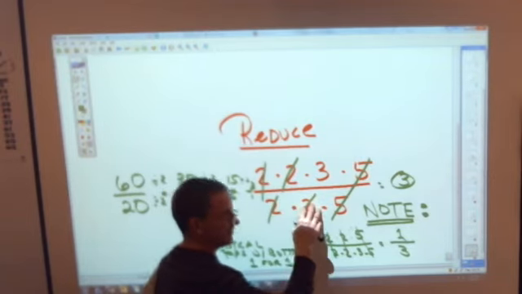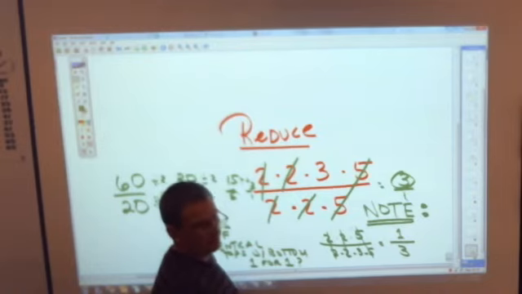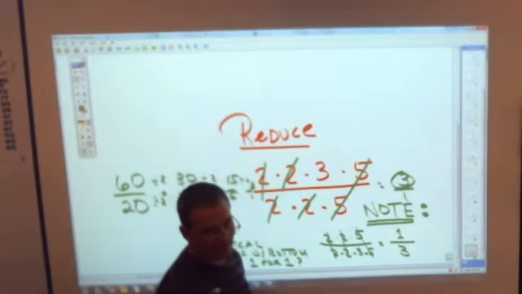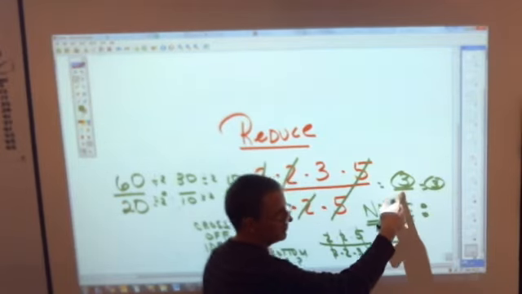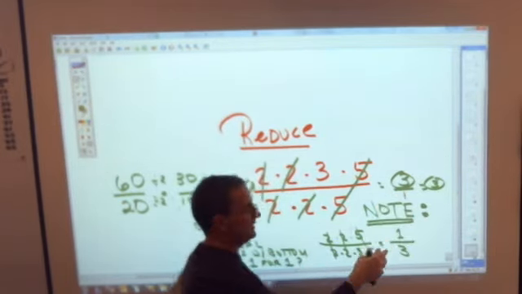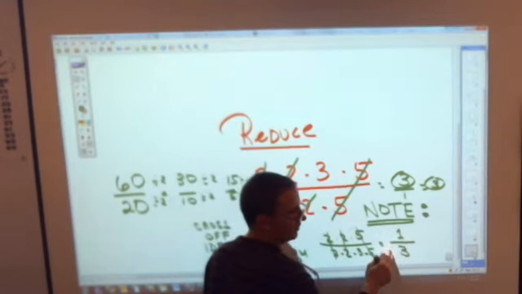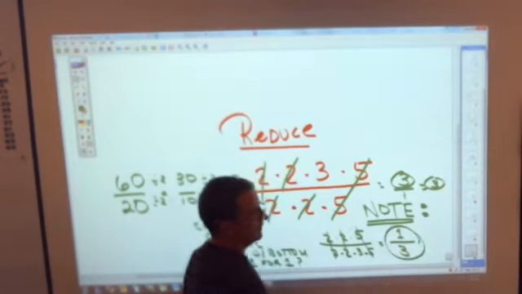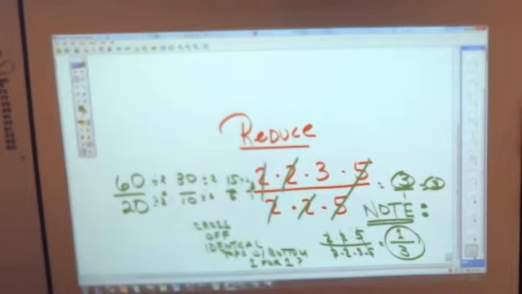If all the bottom numbers cross off, there's still a 1 on the bottom. But the 3 over 1 is the same thing as 3, so we don't need the 1. So in this case, you can get rid of the 1 because it's not needed, but in this case, if it's the top that crosses off, you must keep that 1 there, otherwise you will get the wrong answer. And your number one goal in life, Max, should be not to get wrong answers, right?